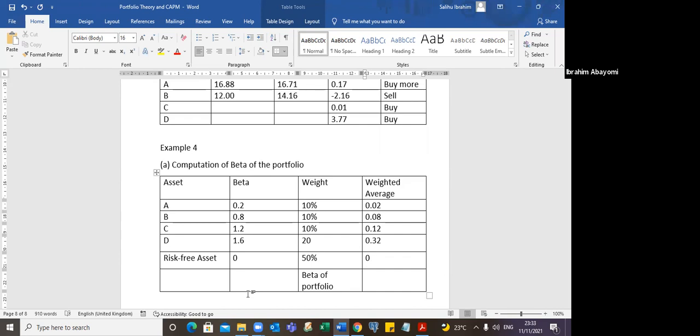So add everything together, what do we have? 0.54. 0.554. Yes, that's the beta of the portfolio. You can see that it's not difficult, Abby. That's the beta of the portfolio.